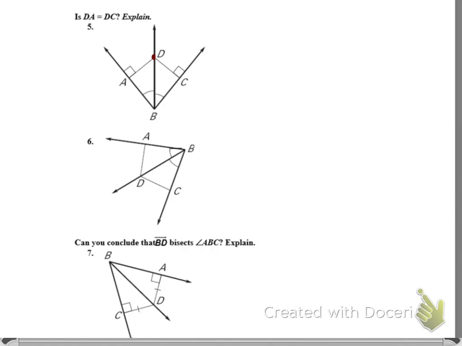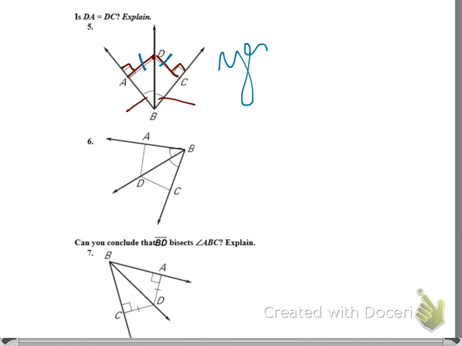That will only happen if these two angles are equal, which they are by the demarcation, and drawing a line from D to the edge of the angle, right here and right here, have to give me right angles. Once I see I have right angles and I have bisected angles, then I know that this piece has to equal this piece.